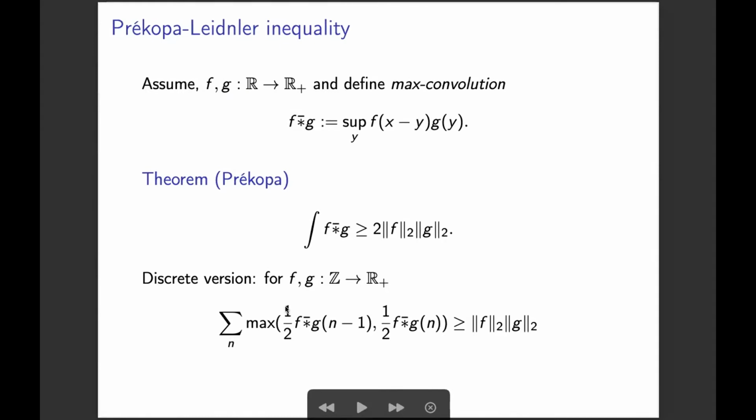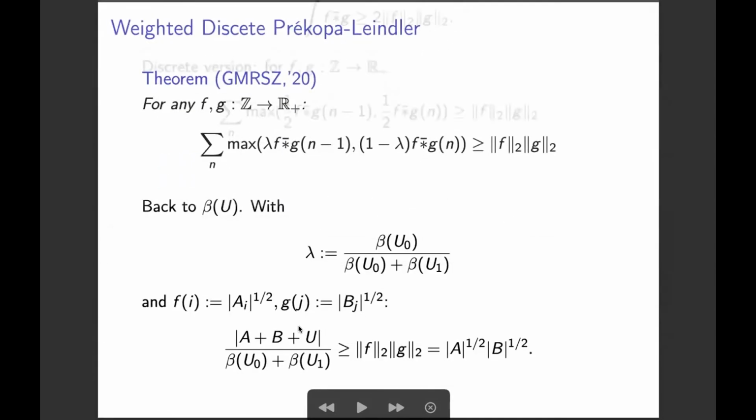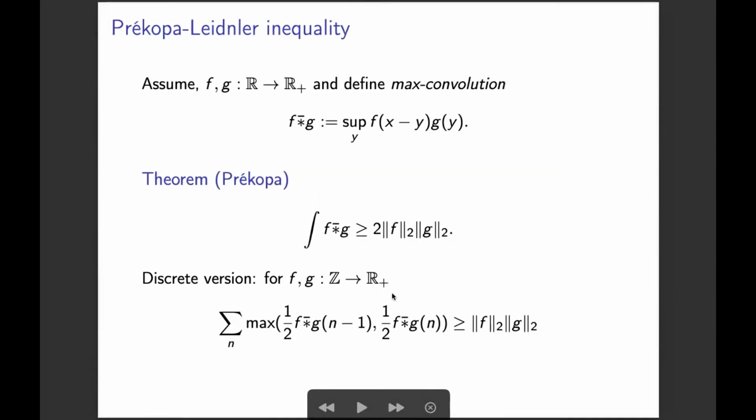Actually, I think 2 here is important because we have just 2 points to start with. So 2 here is not really this 2, but rather the fact that we have a maximum over 2 things here. So in particular, if we have 1/2 and 1/2 here, this actually just makes it much easier to prove.